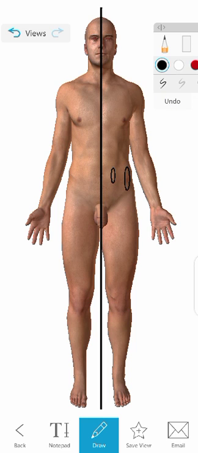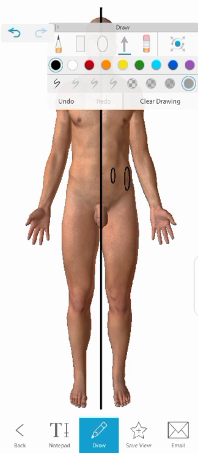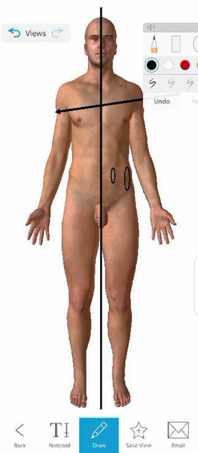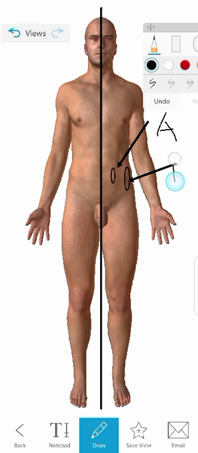These two circles: let's call this one circle A and this one circle B. Using the terms medial and lateral, we say circle A is medial to circle B because circle A is closer to the midline than circle B.